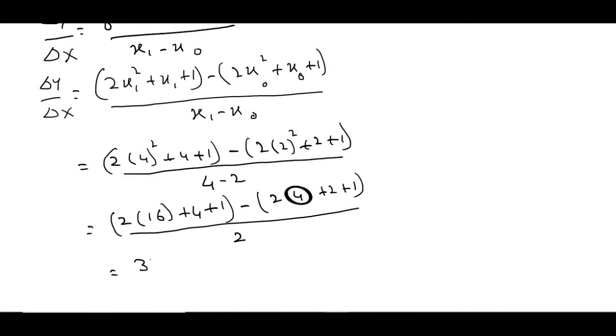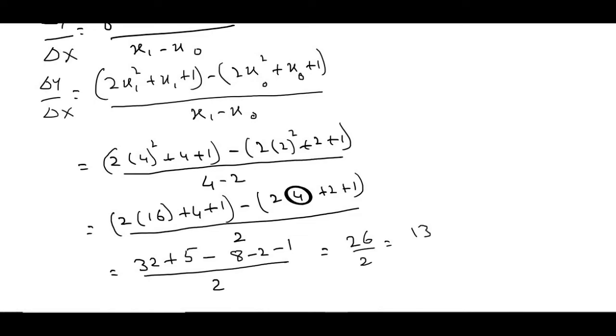So 32 plus 5 minus 8 minus 2 minus 1 whole divided by 2, we get 26 divided by 2.